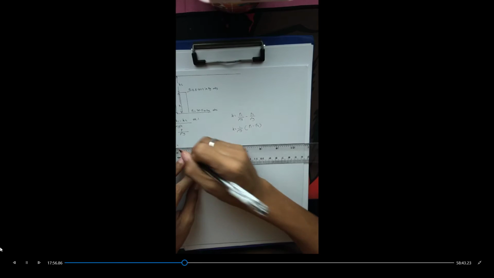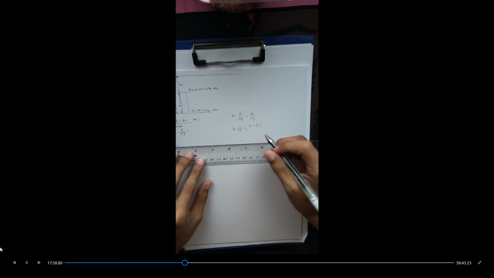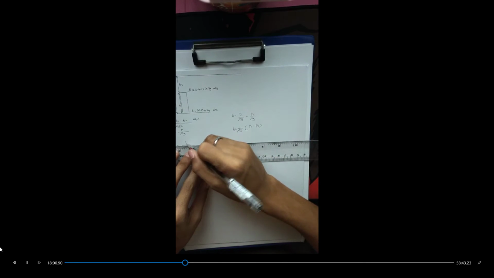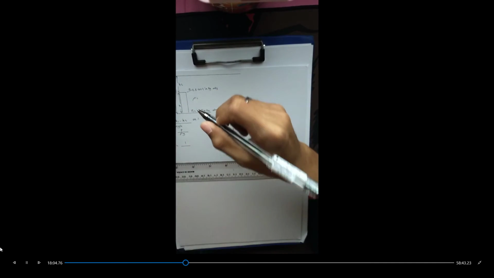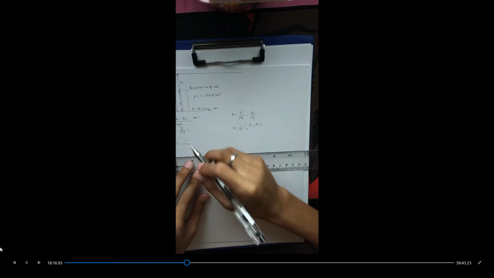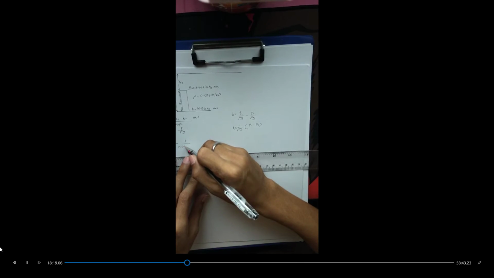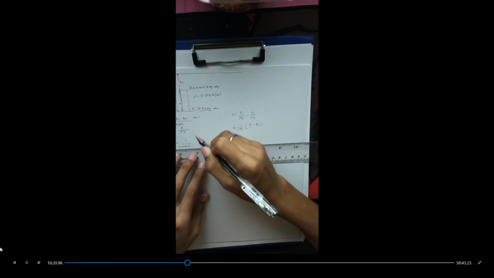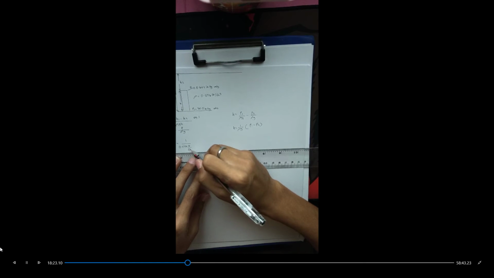So height of the building is equivalent to 1 all over density. Density is given as 0.076 pound per cubic feet.